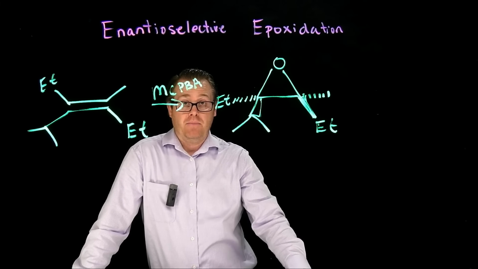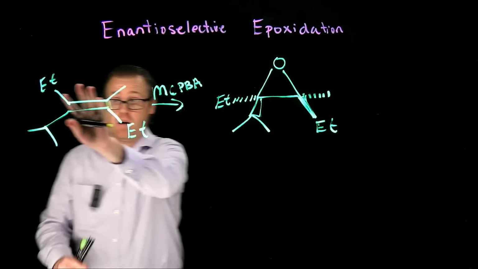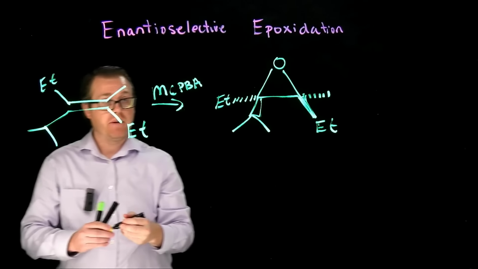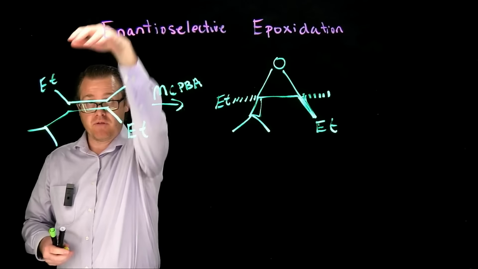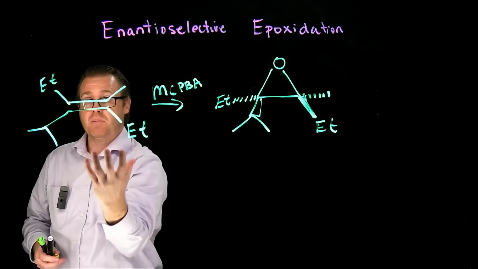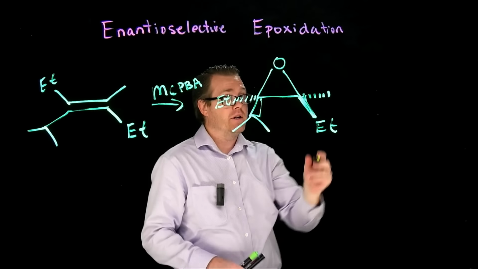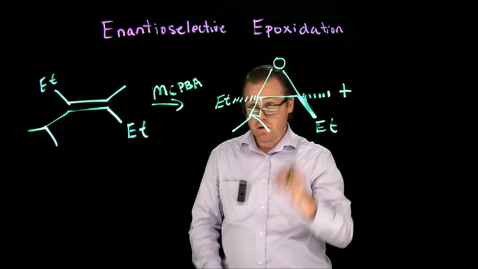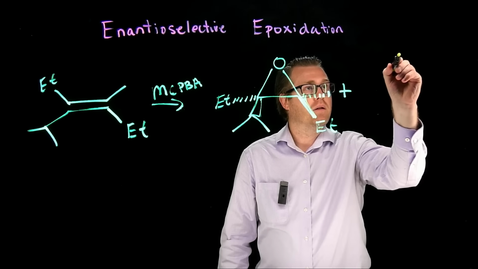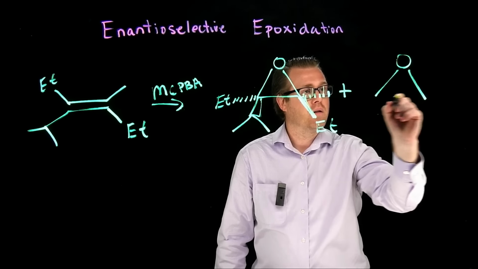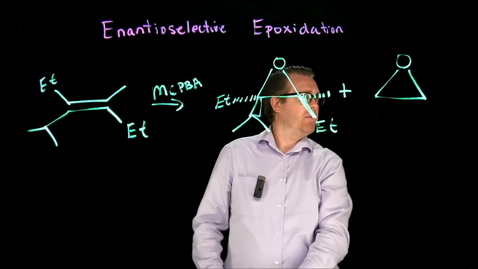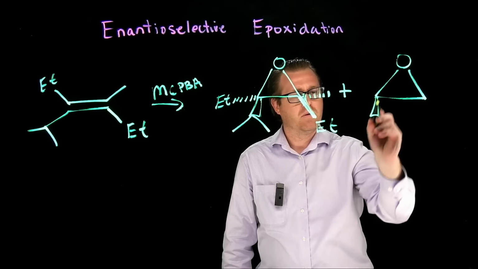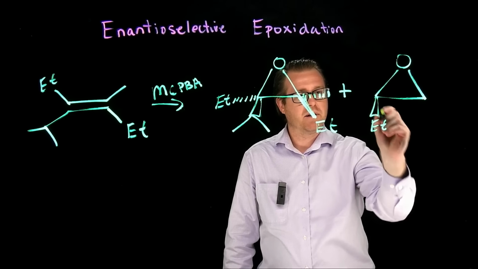But what are we going to get? Because this molecule right here, these carbons right here are sp2 hybridized. So that means the peroxy acid can come in from the top face or from the bottom face. So you are going to generate the enantiomer. So what's that enantiomer going to look like? So it just gets swapped here.